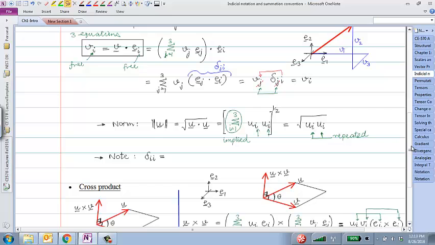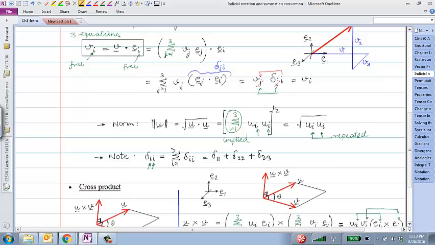So here's a question. What is delta ii? Say again? 3. 1 or 3? 3, right? Indeed, delta ii is 3. Why is that? Because there are 2 i's in there, which means what I'm writing here really is the summation of delta ii going from 1 to 3, which means delta 11 plus delta 22 plus delta 33.